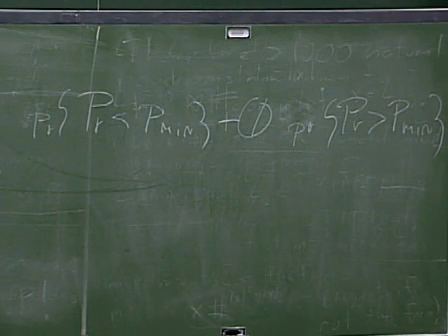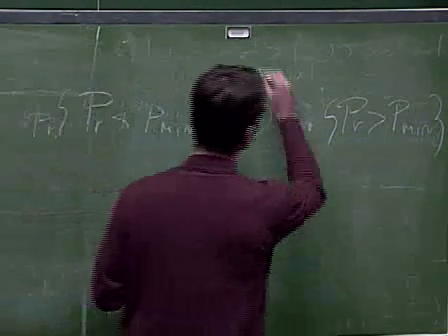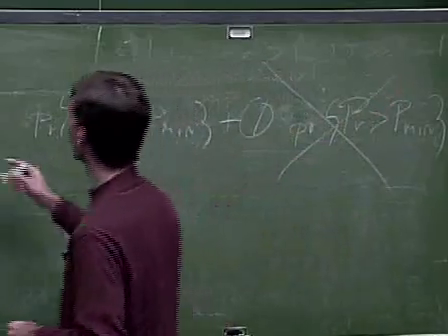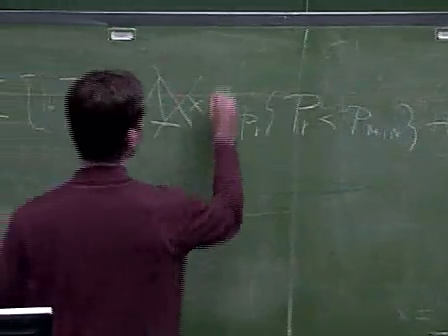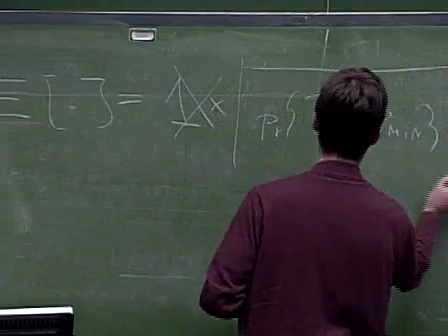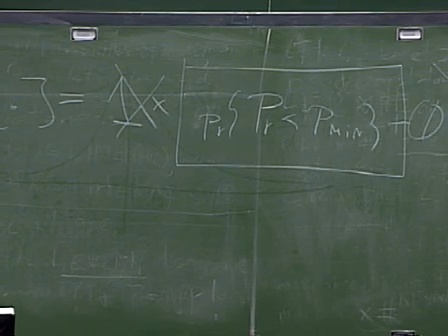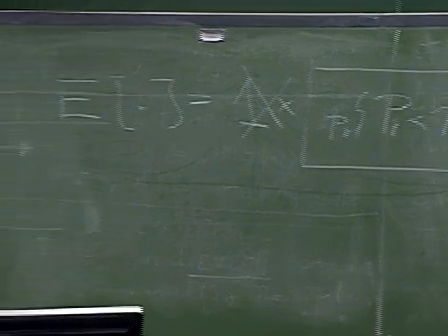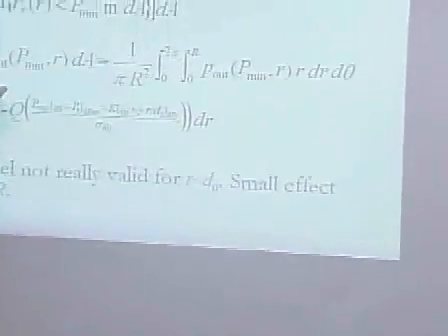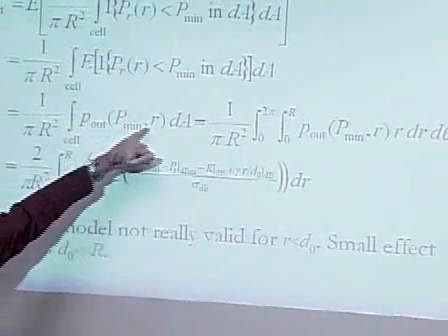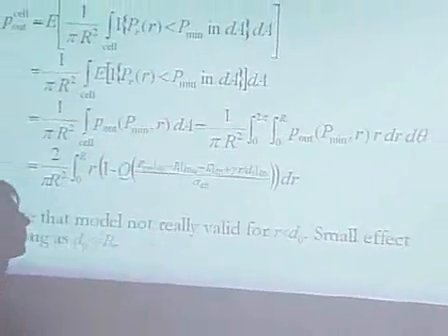Now, luckily for us, 0 times something is always 0, and 1 times something is always 1, right? So we're left with this guy here. And this, remember, is exactly what we defined 2 slides ago as the outage probability at a distance r. This is by definition the outage probability. So this whole expectation turns out to be the outage given P min at a distance r.